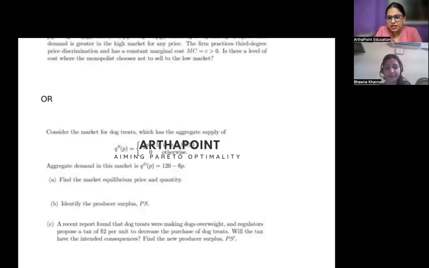You found the area of the rectangle, right? The area of the rectangle would be your equilibrium price minus the shutdown price, into the shutdown quantity. Is that what you did? No, I multiplied price with the quantity.